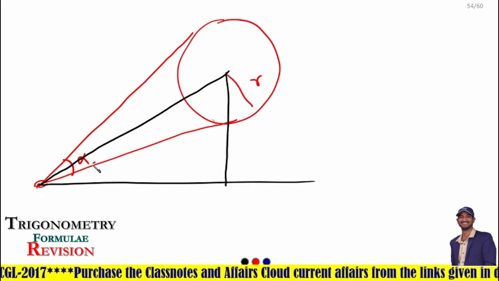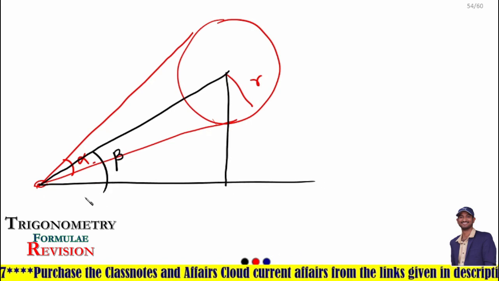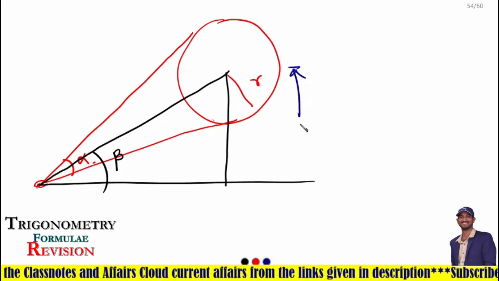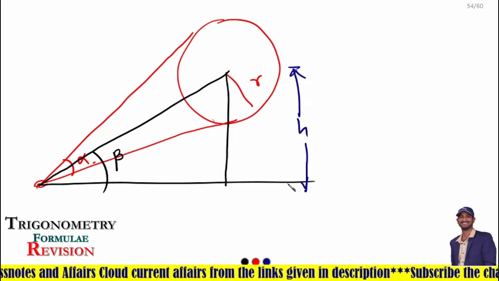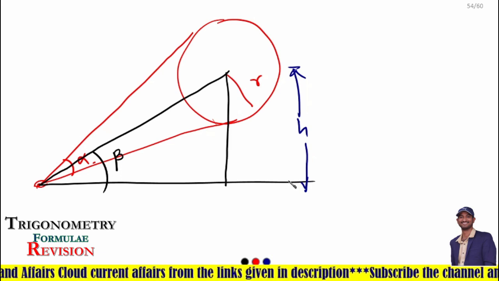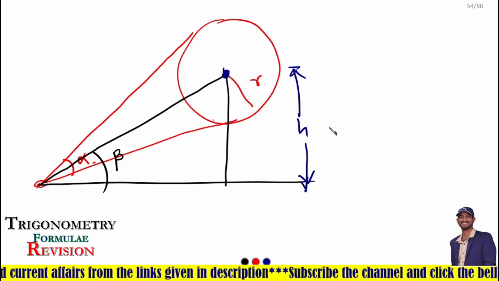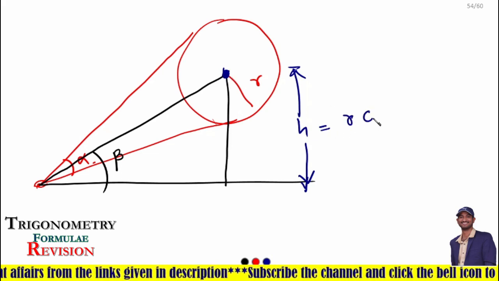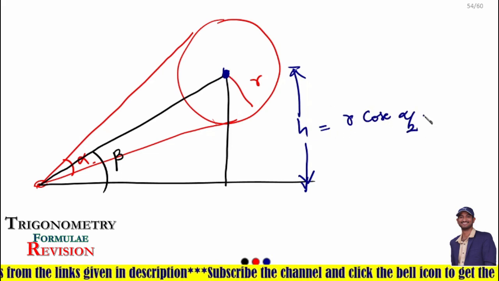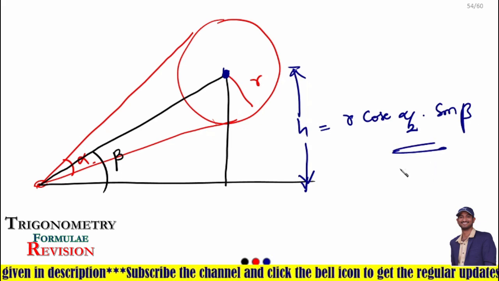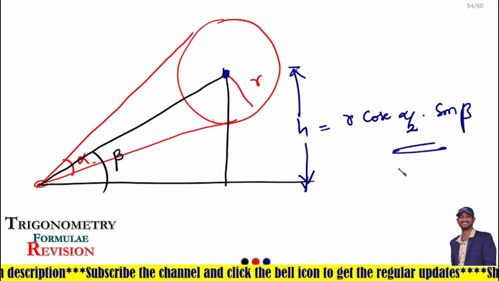If the angle of elevation of its center is beta, then height of the balloon from the ground to its center, is always equal to r cosecant alpha by 2 sine beta. Very, very important formula. Okay.